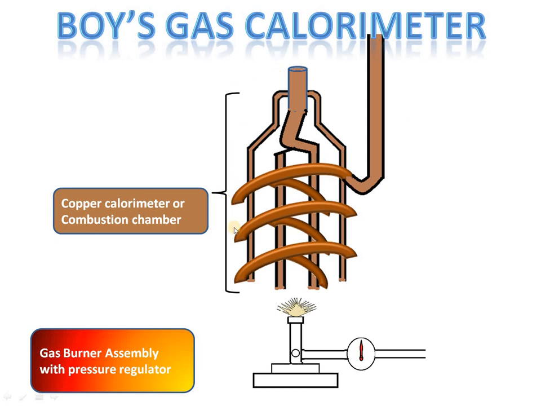This is the diagram of a copper calorimeter or combustion chamber. The copper calorimeter will absorb the heat produced by combustion of a gaseous or volatile liquid fuel with the help of copper coiling provided with this calorimeter.